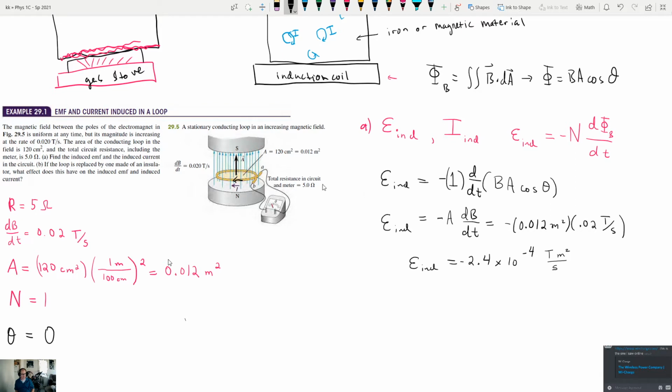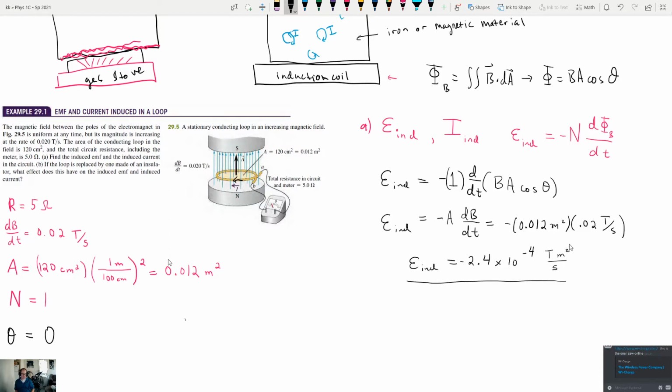So if the magnetic field was decreasing, then the current would be flowing in the opposite direction. Does that make sense? We're going to go into more detail about that here in a second. We'll talk about what's called Lenz's law. But okay, so this is the answer for this problem for the induced EMF.